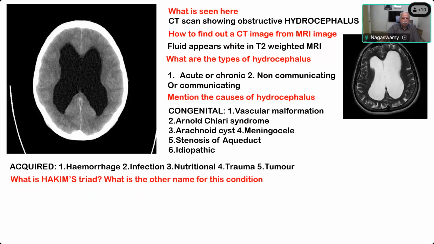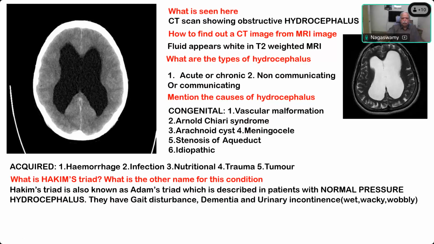And what is Hakim's triad? What is the other name for this condition? This is called Hakim's triad, also known as Adams' triad, which is described in patients with normal pressure hydrocephalus.